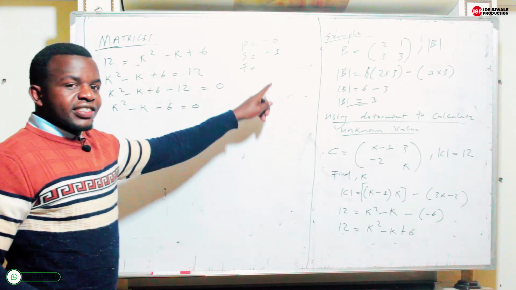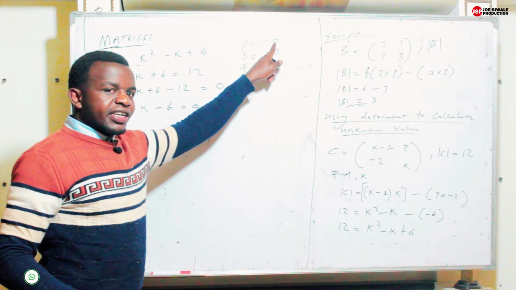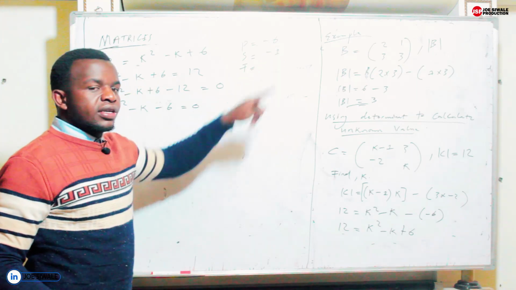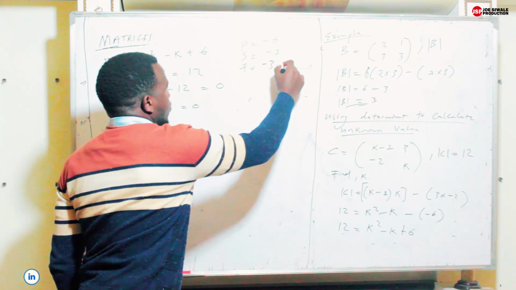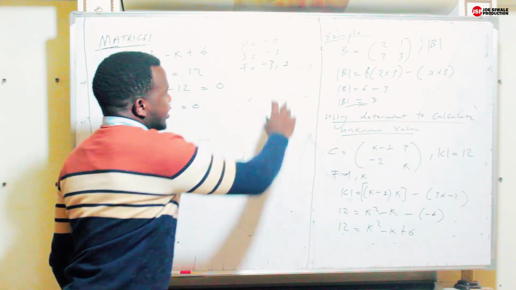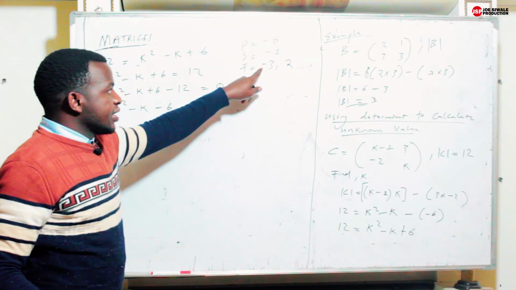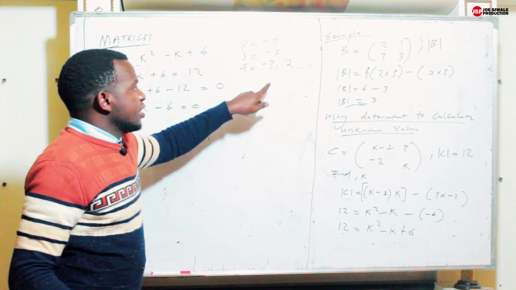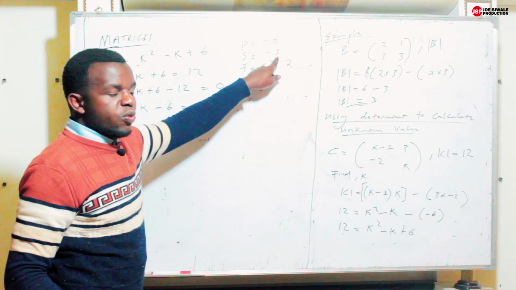So we have to find two factors. When we multiply, we're going to have negative 6, then when we add, we're going to have negative 1. So those two factors, we have negative 3 and 2. So when we say negative 3 multiplied by 2, we're going to have negative 6. Then if we say negative 3 plus 2, we're going to have negative 1.